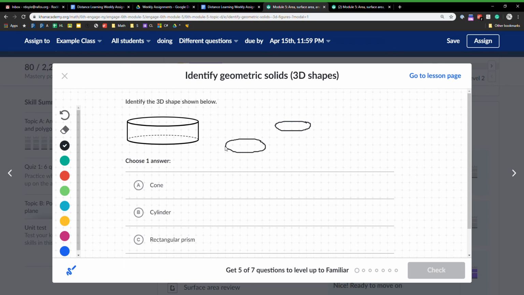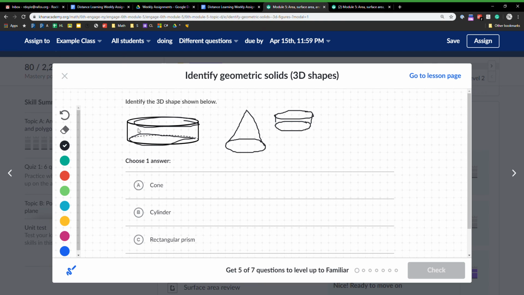Let's start with a cone. A cone is the most basic: a circle on the bottom, and then it goes up like this. It has one base, and the base is a circle. A cylinder has two bases, so you'd have another circle up here. It's a cylinder because it's two circles, parallel across from each other.